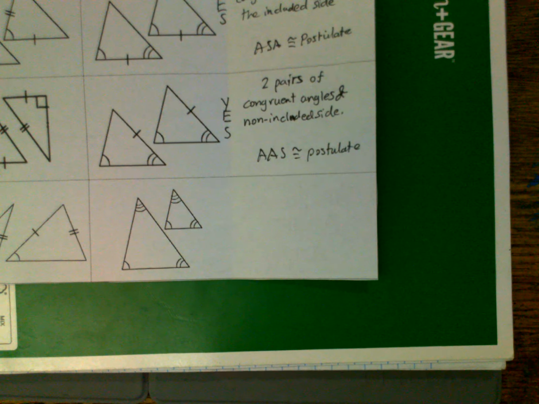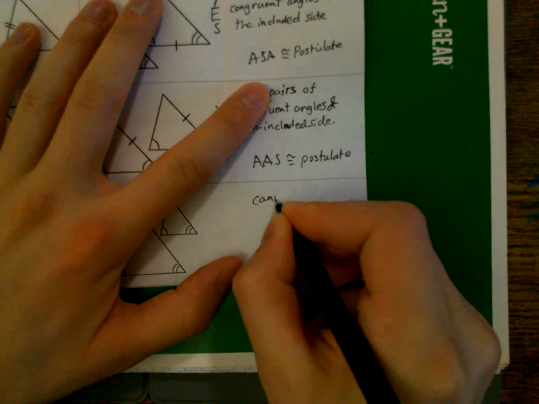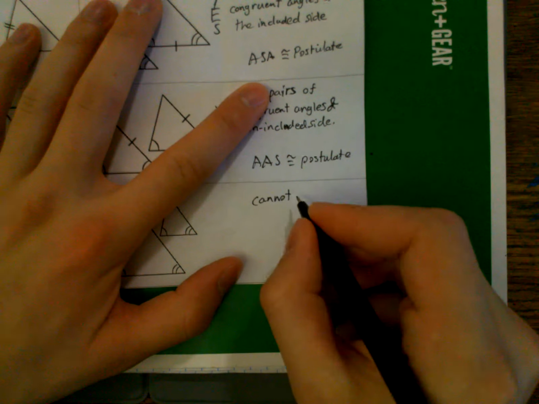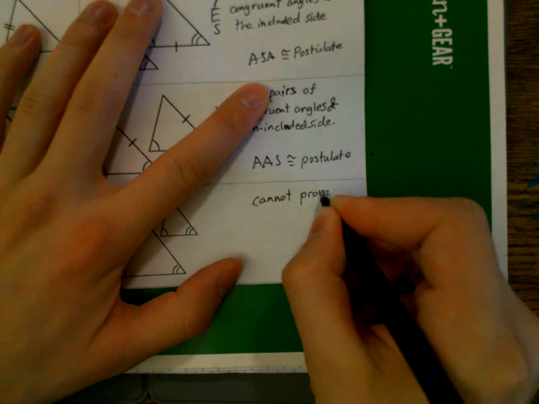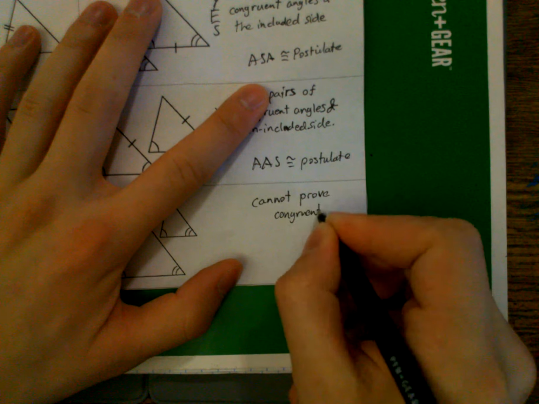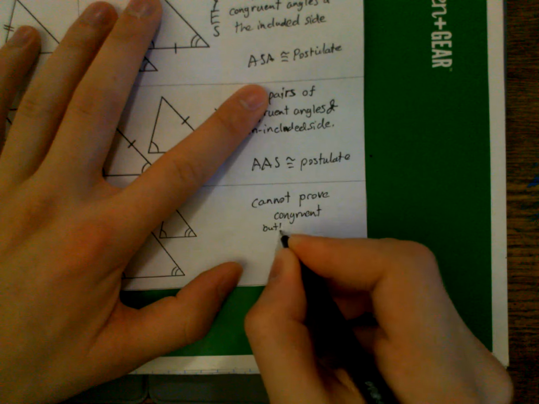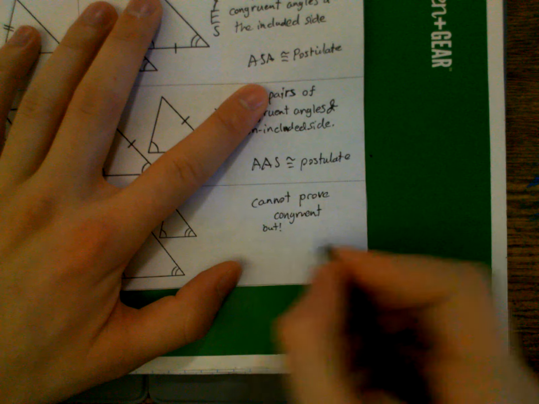That doesn't necessarily mean it's isometric, so you have to be careful. So we cannot prove congruent, but the triangles may be similar.